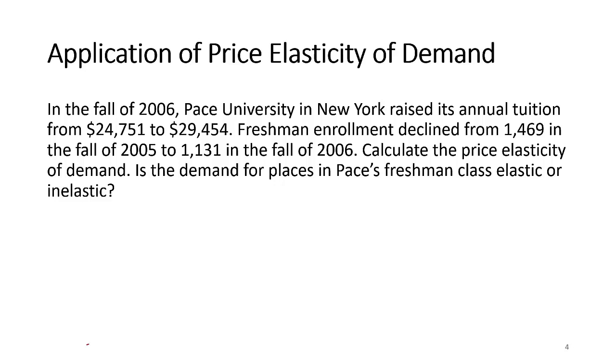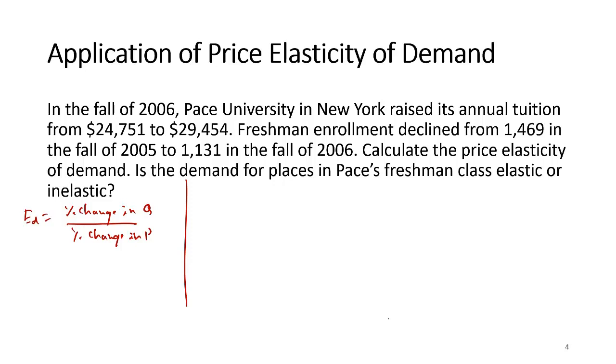So we all know elasticity of demand is percentage change in quantity demanded over percentage change in price. So first, in this example, what's the price? Price is the tuition. Tuition is the price paid by the students. And what's the quantity? From the college's perspective, the college is a seller of education and students are the demand. So 1469 and 1131 is the quantity demanded of Pace education.